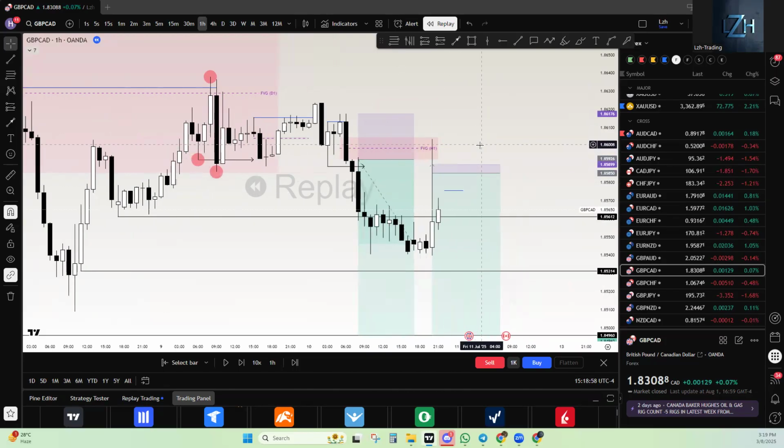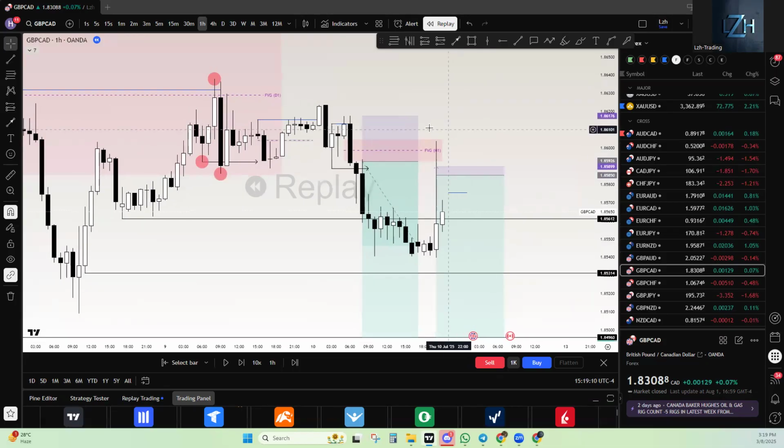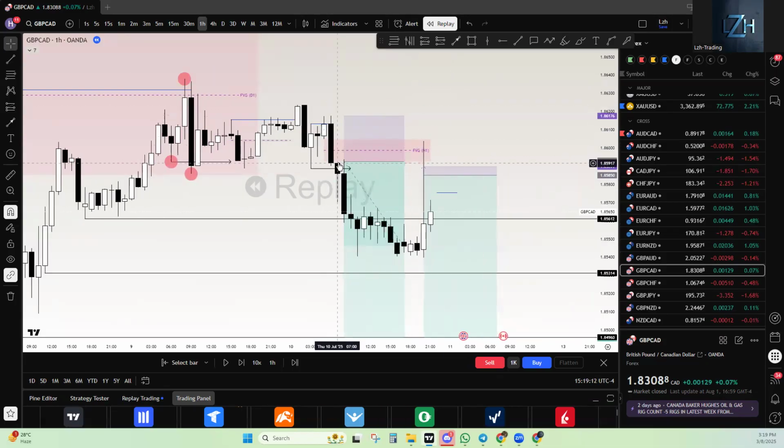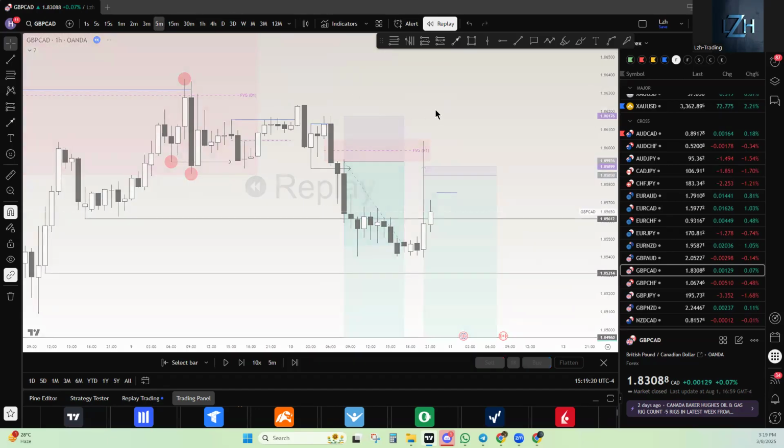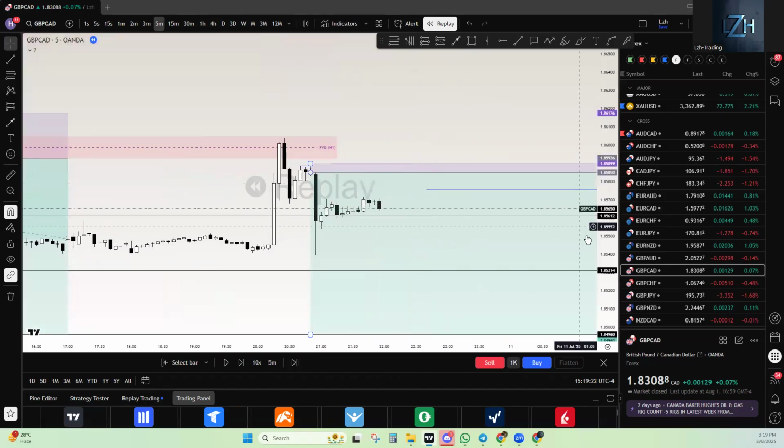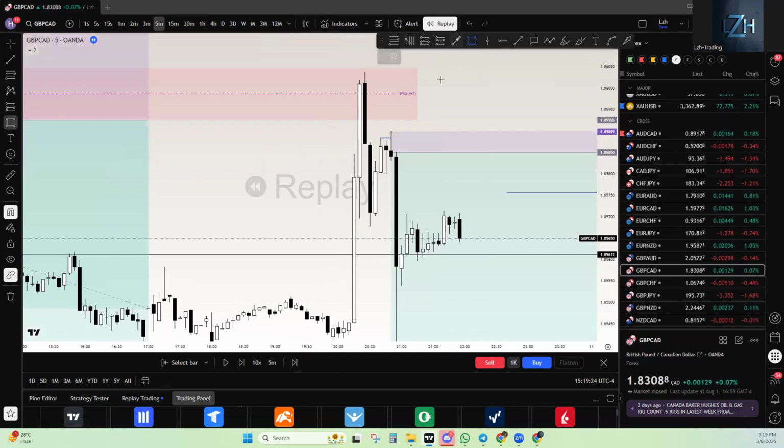I do not remember what happened with this week. I think it was just a normal day, which was having this kind of pump up to the fair value again. So this was taken out. This high was still being held. So 1 hour here, if you can zoom into 5 minutes, you see this 5 minute fair value.